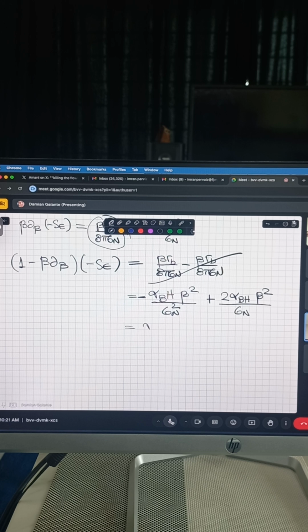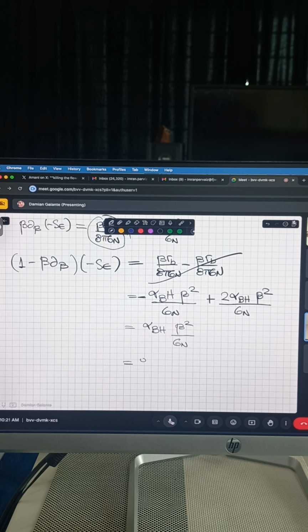So this is equal to alpha b, there's minus plus 2, so I get plus 1. Beta squared, this is also over G Newton.